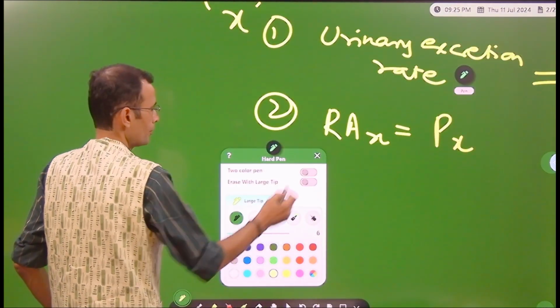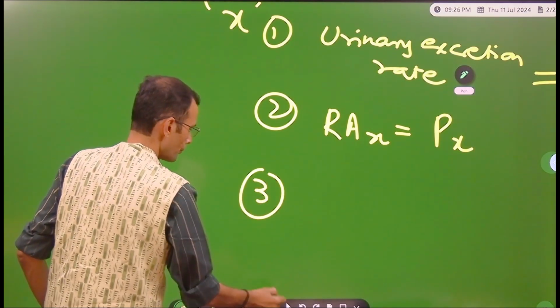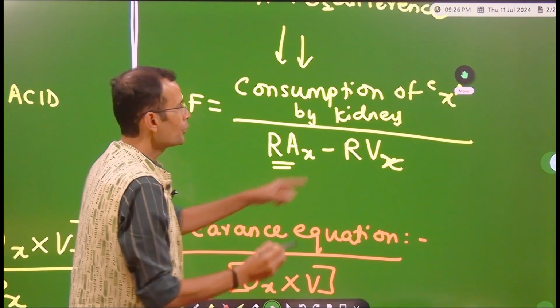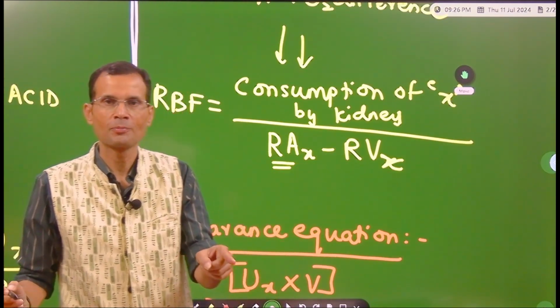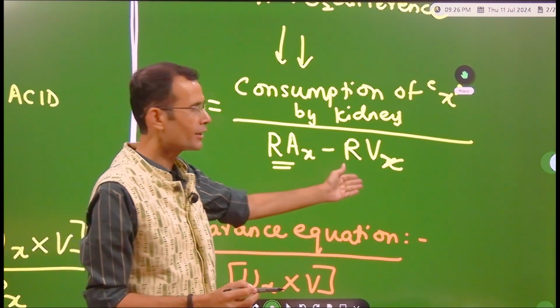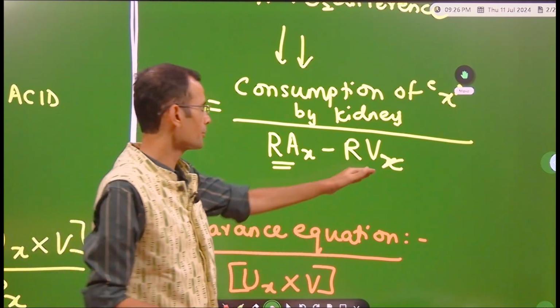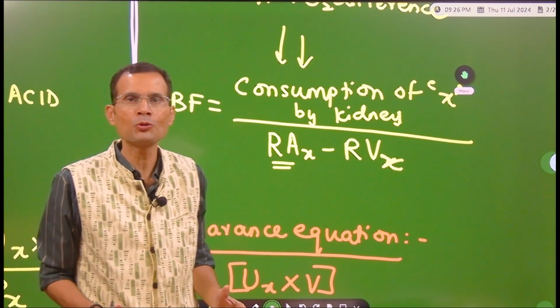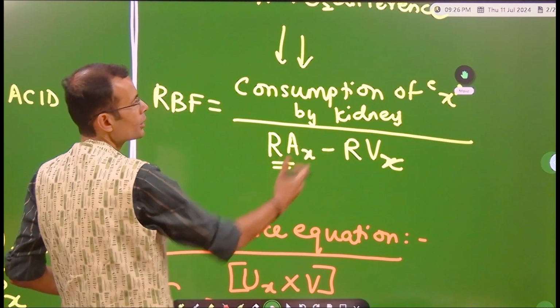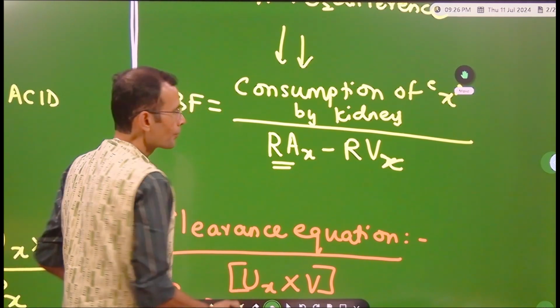And the third criteria, as I said just now, we don't want to go to renal vein. In the Fick's equation, we will need renal venous concentration of that substance, and we don't want to go to renal vein to collect the sample. It's very difficult to access the renal vein.